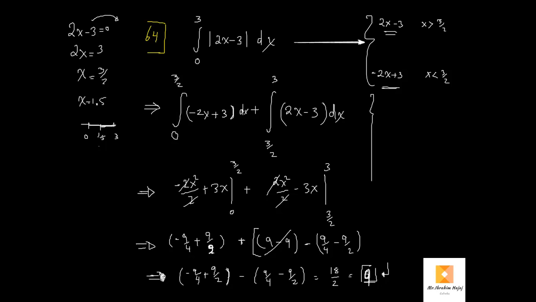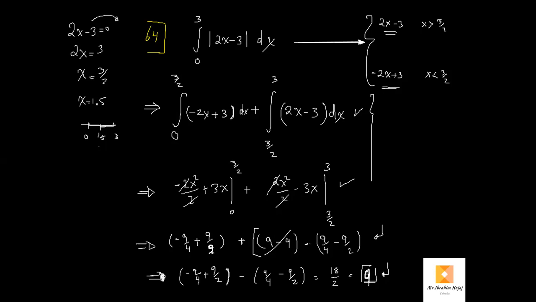So let's do our calculations again. Here is correct, and here it's correct. Here is the mistake: substituting 3 over 2, it's negative. You have 3 squared over 2, which is negative 9 over 4. Then plus 3 squared minus 3 by 3, 3 squared is 9, so it's 0.